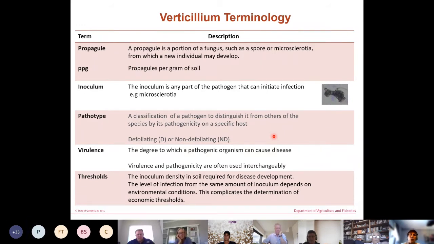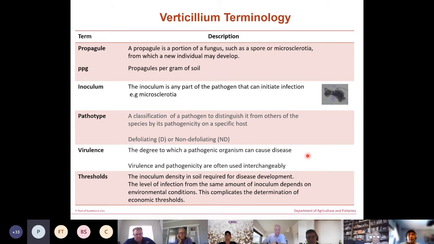So we currently know we have two pathotypes, the defoliating and non-defoliating. So it's really just a way of distinguishing some groups that are genetically distinct but are still within the same species.